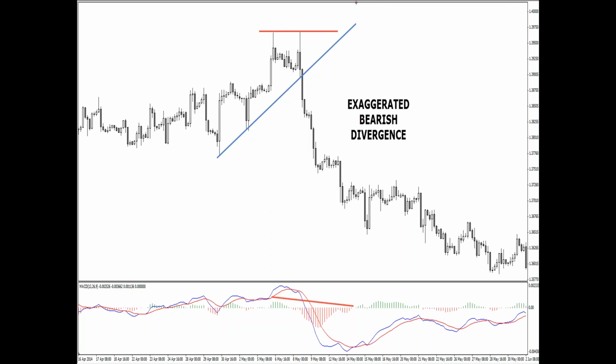So the principle is the same. Don't think that there is no divergence if you don't see, let's say here, a high. So it looks like this. This is still a divergence with a double top or double bottom or triple top and triple bottom. And it's called reverse divergence.